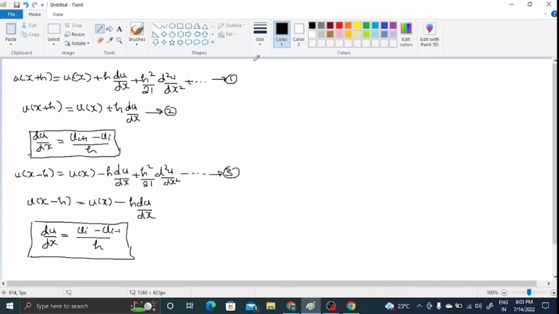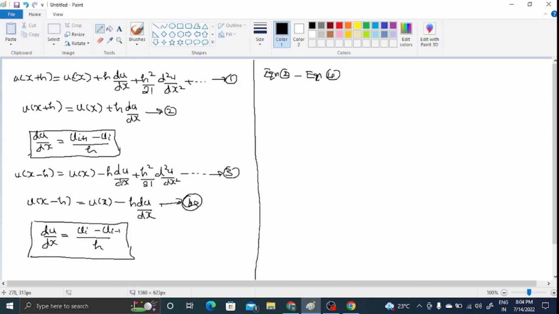So now we can write, what is equation number 2 minus equation number 4? This is equation number 2, that is u of x plus h equal to u of x plus h into du by dx, and this is equation number 4, that is u of x minus h is equal to u of x minus h into du by dx.